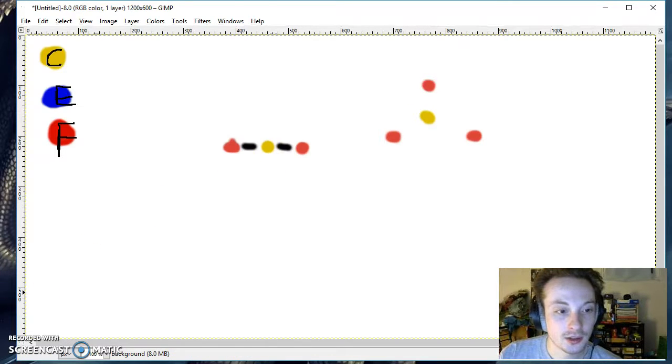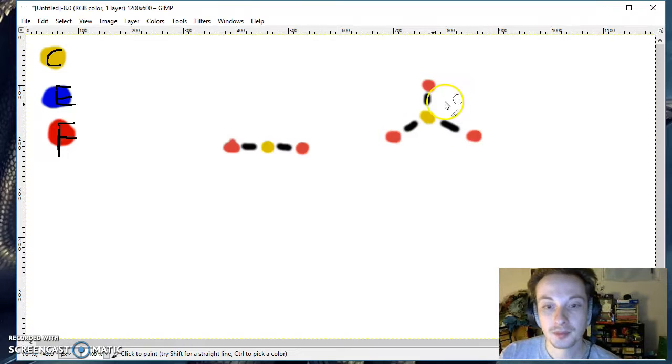So this is trigonal planar, and it has three functional groups and a bond angle of 120 degrees. Both of these are flat, like can be displayed in 2 dimensions. So as you see them on the screen is how they would look in real life.